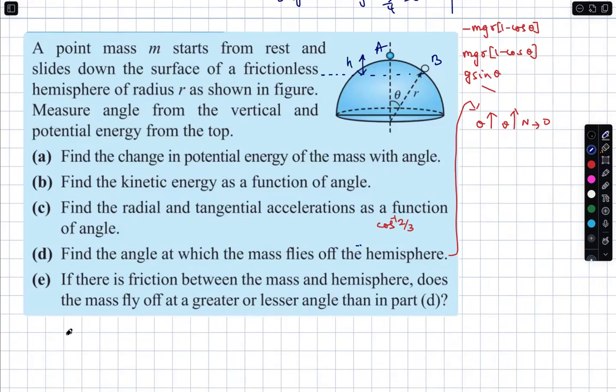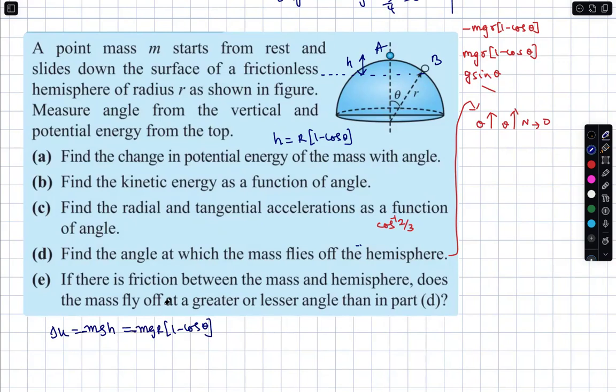Can you please give me what is H? H is clearly R times 1 minus cos theta. First question, change in potential energy is mgh, this is mgR times 1 minus cos theta. If they ask change in potential energy, I should write minus mgh because it is coming from height to the lowest point.